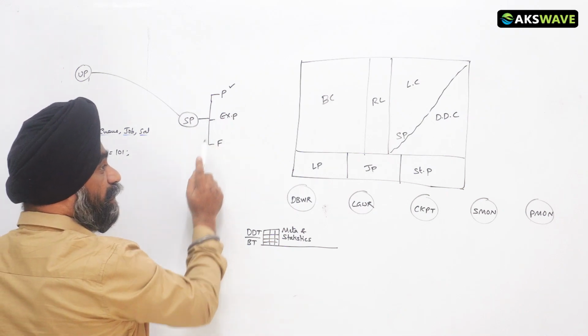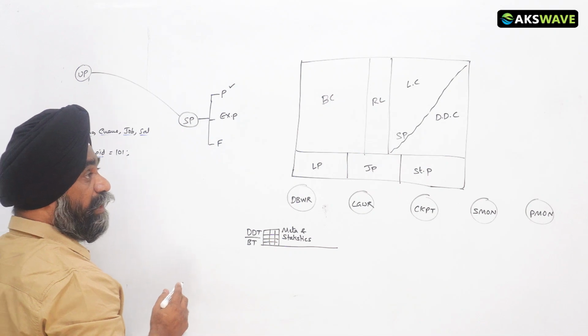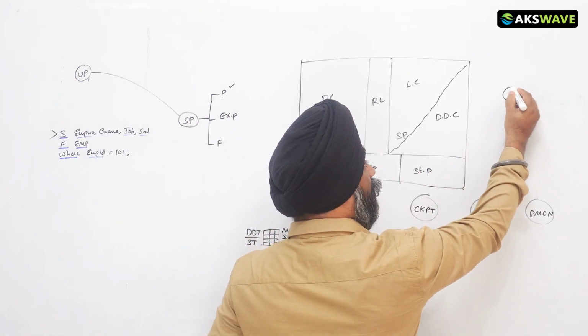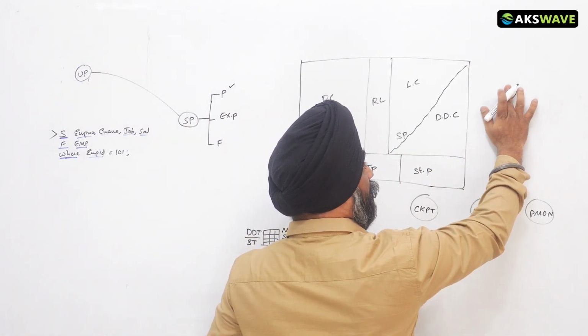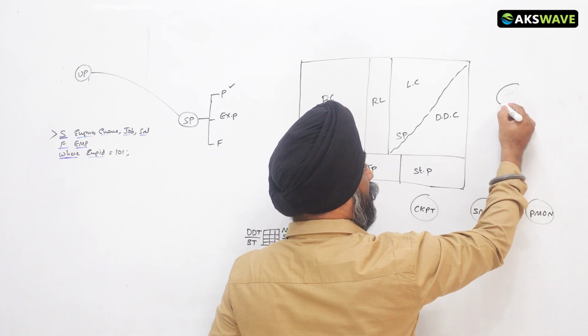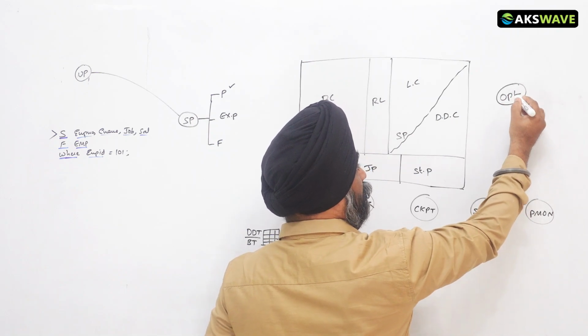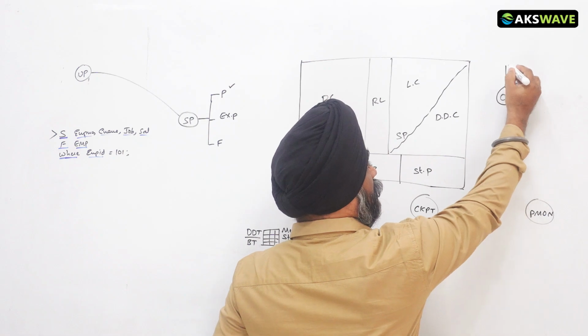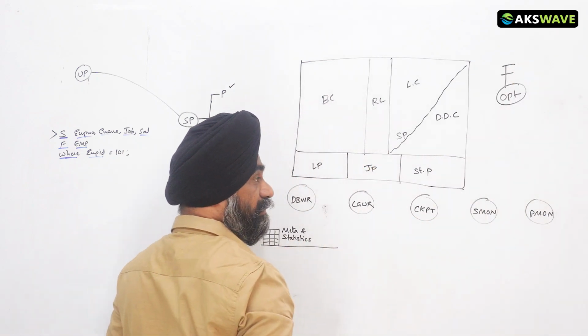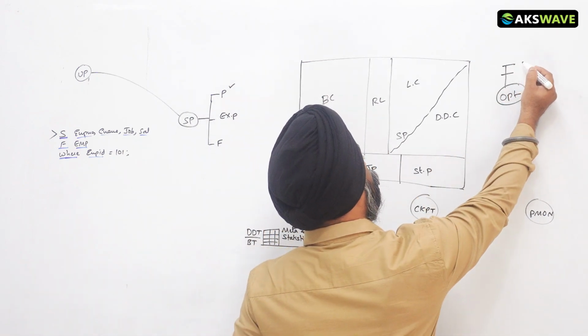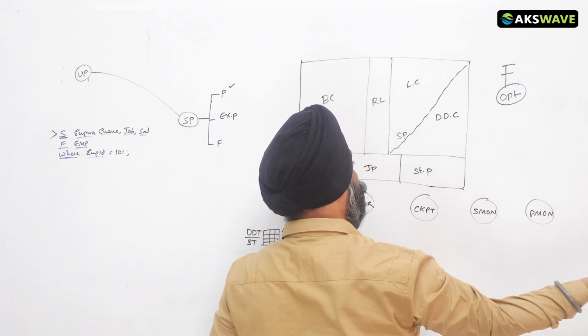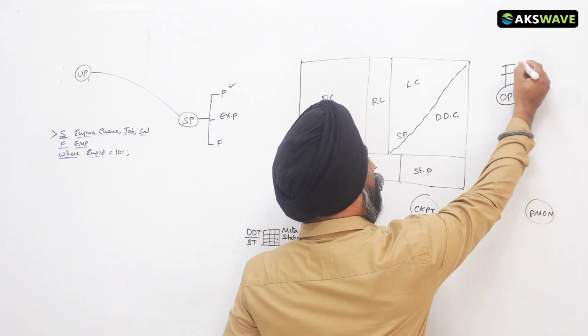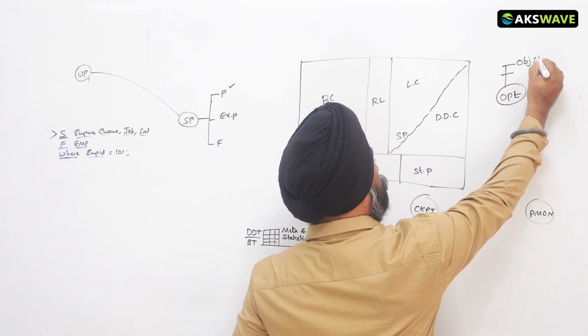In the execution plan, what is coming up here now? We have an optimizer, an engine optimizer. What will it do? It will take two levels of statistics: system statistics and object statistics.